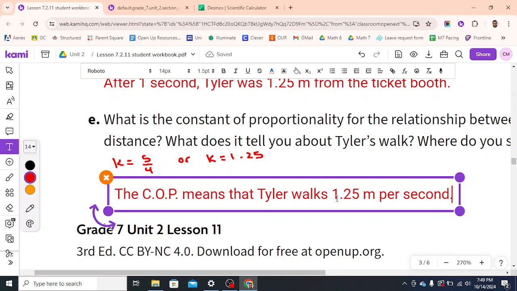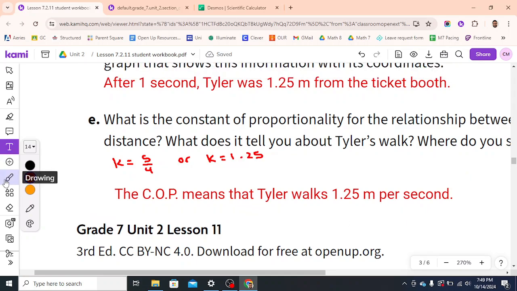Because remember the unit rate, really that word per there. And if you'd like to, you can take your pencil and remind yourself per means division. And that's what we did here. 5 divided by 4 on the online calculator gave us the 1.25. There we go. Nice. All right. Again, feel free to pause it if the students need a little bit of time to catch up with the writing.